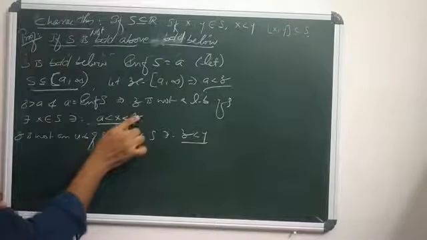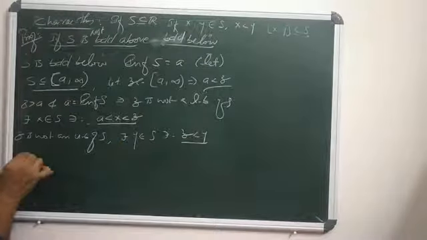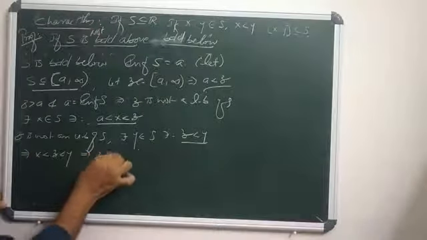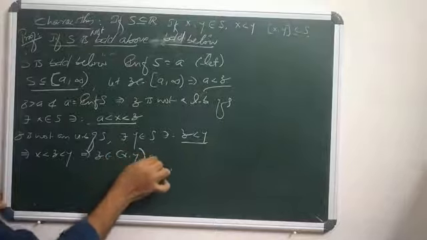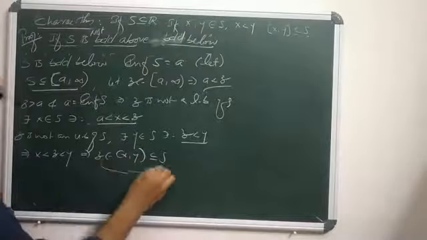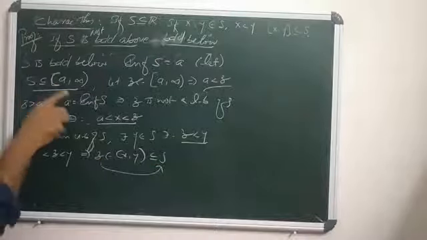Combining x less than Z and Z less than Y, that means x less than Z less than Y, that means Z is in the open interval (x, y), but by the choice of x and y it is a part of S. So Z is in S, but Z is chosen from where?